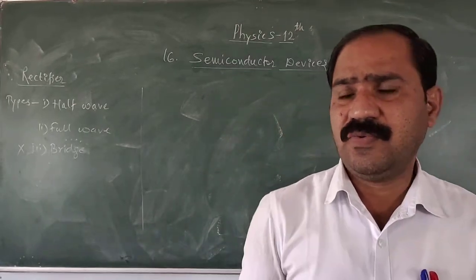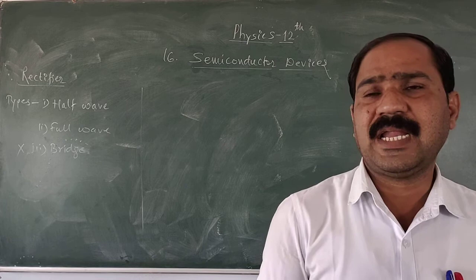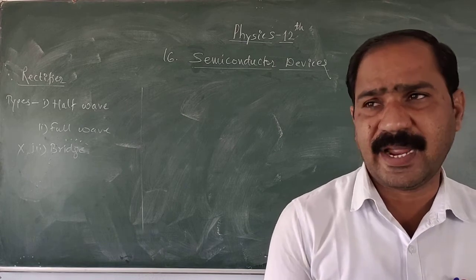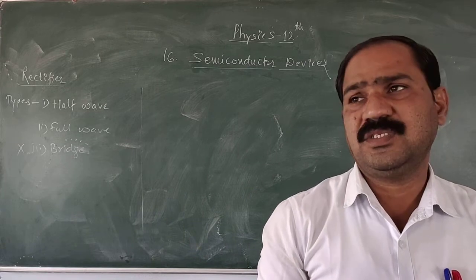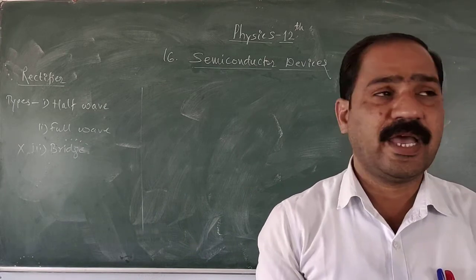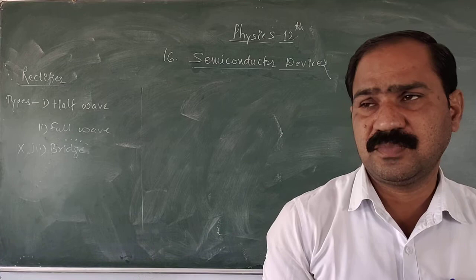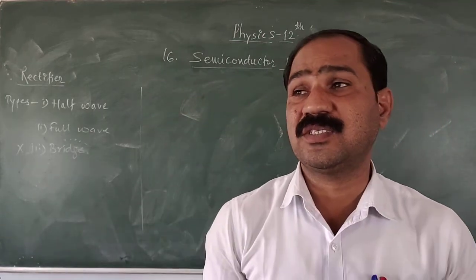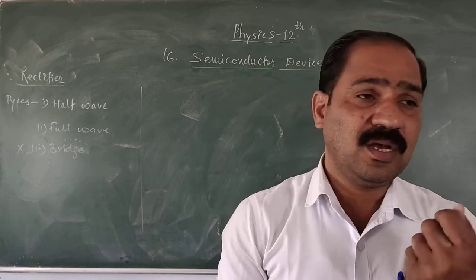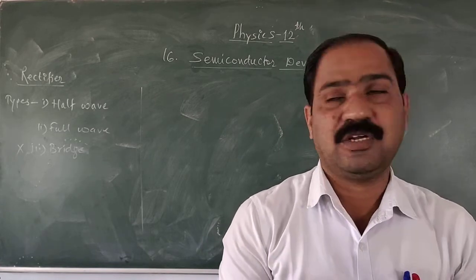The combination of p and n materials is called a diode, having two terminals. We also saw the symbol of the diode and the forward bias and reverse bias of diodes last year.